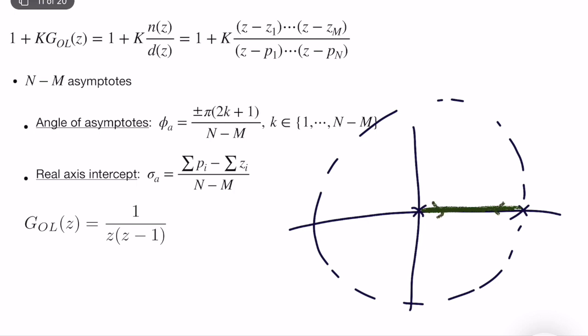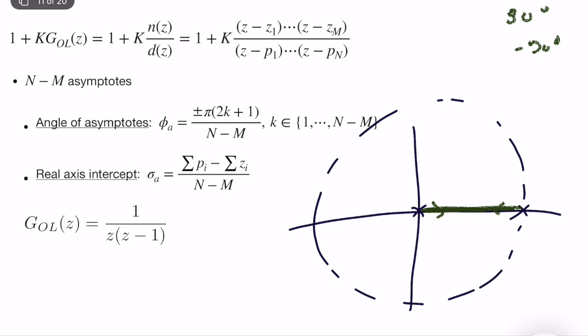I have 2 poles, no zeros, which means that I have 2 asymptotes. If you have 2 asymptotes, it's obvious that if you plug into the formula, they will be 90 degrees and minus 90 degrees. Because n minus m is 2, if you plug it in, it is 90 and minus 90 degrees, or pi over 2.